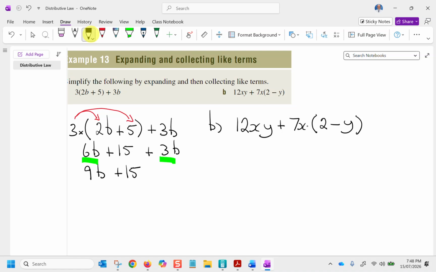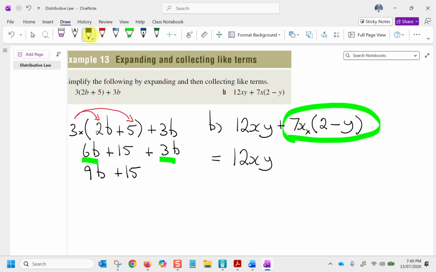Again, when there's nothing written here between the term and the bracket, it's automatically a multiplication. We must multiply, so this part must be done before we worry about the addition. So when I keep working, I'll leave the 12xy with the plus sign there at the front.